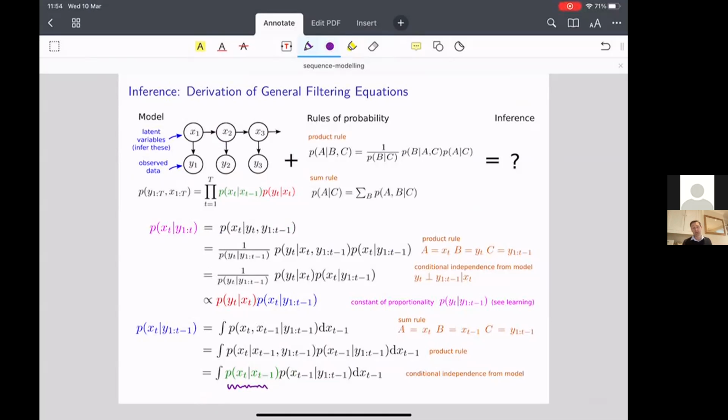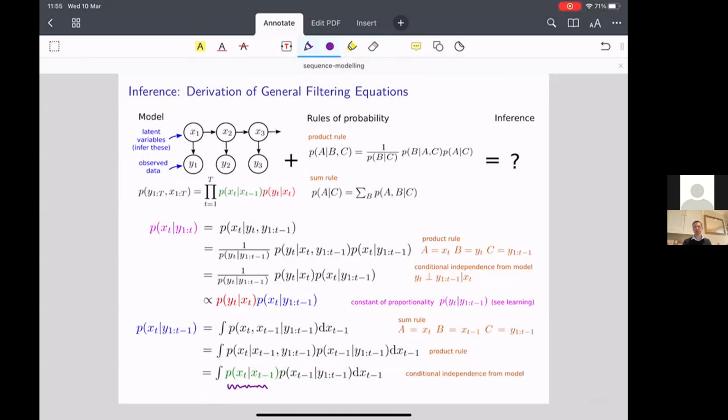And hey presto, this has recovered the first forecasting update of the Kalman filter. This is also called the prediction step of the Kalman filter, as well as the forecasting step, because you're predicting one step ahead. Great. Okay, so this is the formal derivation of the Kalman filtering recursions.